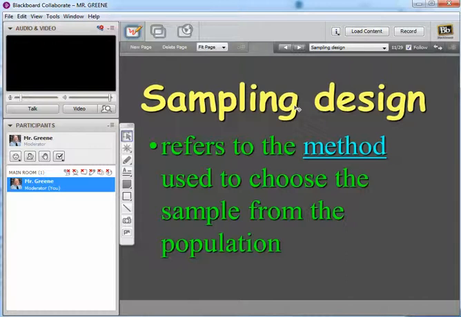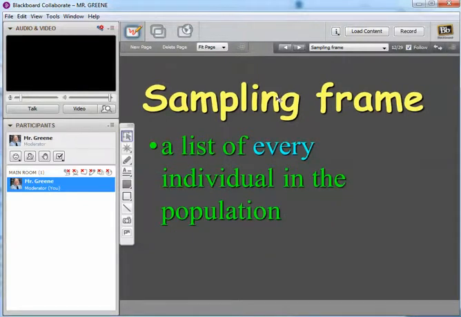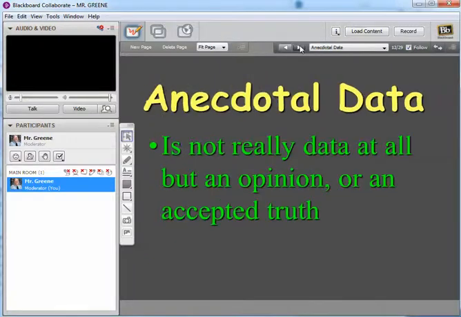But for right now, what you need to know is that it refers to the method we're going to use. So, the frame is simply a list of every individual in the population. And we're going to go from that frame to come up with a list of what we're going to use for our sample.